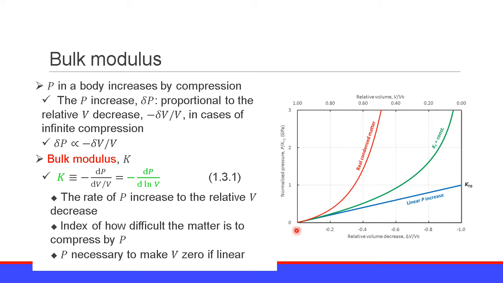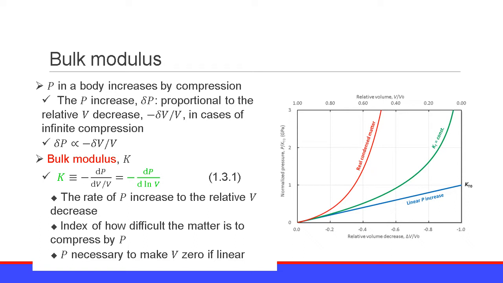The lower horizontal axis shows the relative volume decrease, delta V over V0. The left side is zero, no compression, no volume decrease, and on the right side, the relative volume decrease is minus 1, namely the volume is zero. And this red curve shows the real compression curve of the condensed matter.